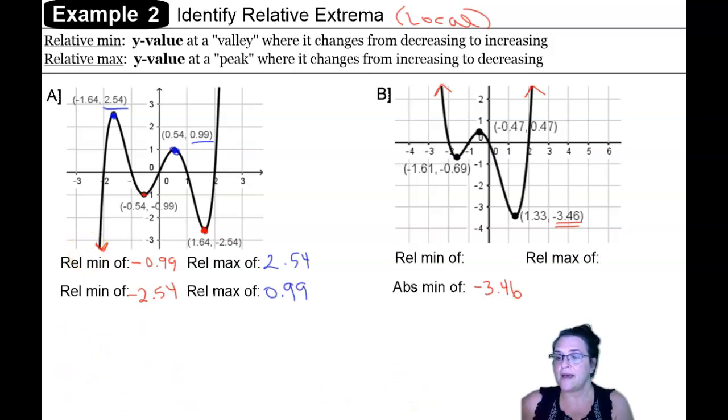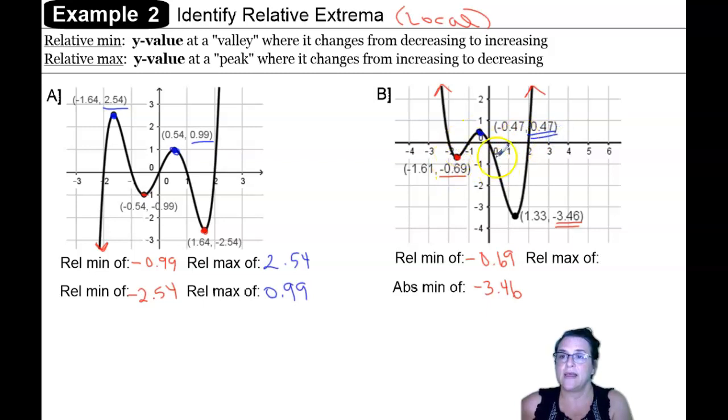Okay, then I have a relative minimum at this turning point where the graph changes from decreasing to increasing, and that y value of negative 0.69 is my relative minimum. Then we have another point where it changes from increasing to decreasing, and that point has a y value of 0.47.